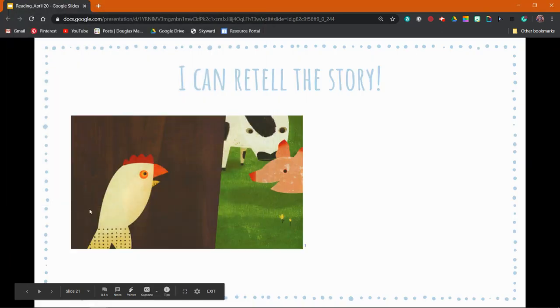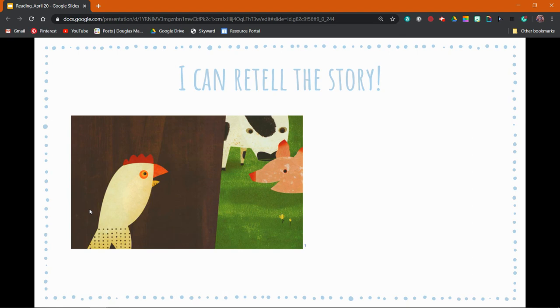So now your job is to retell this story to someone using the pictures in your packet. In your packet, if you go to the second week's schedule, there's a problem and solution page, and that's what we will use for tomorrow. But after that, there are 2 pages with pictures from the story.